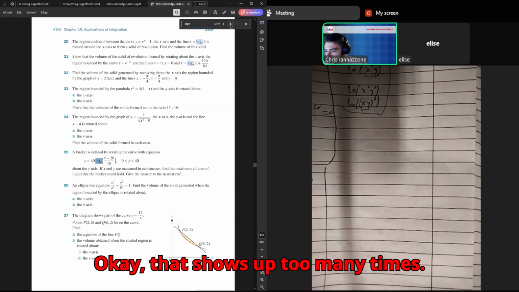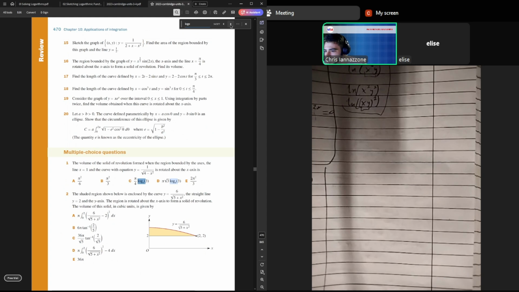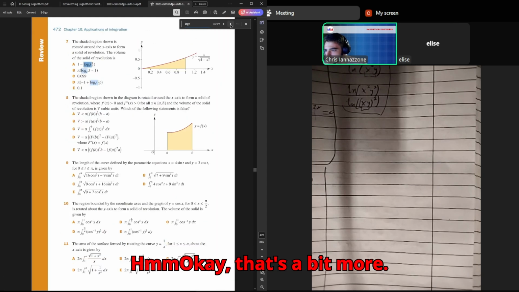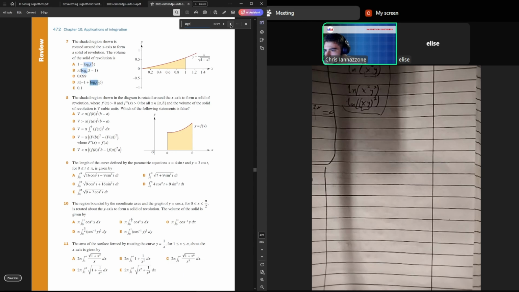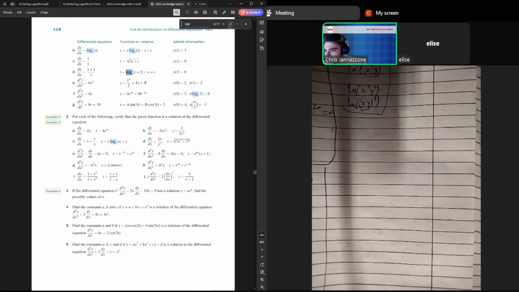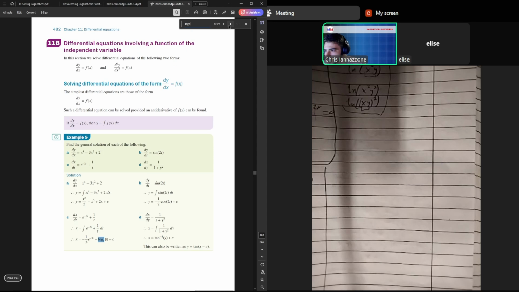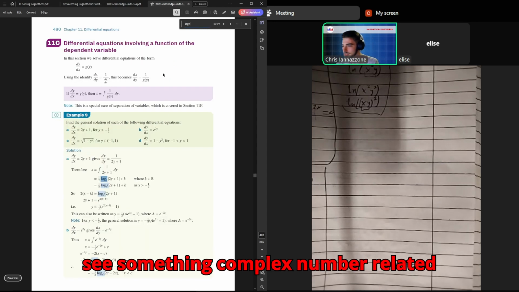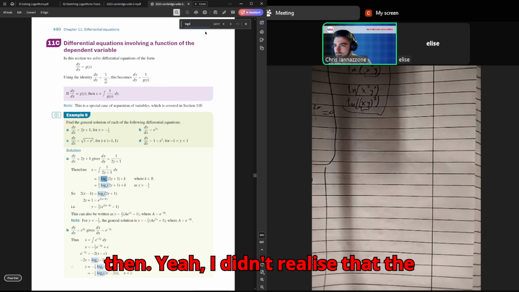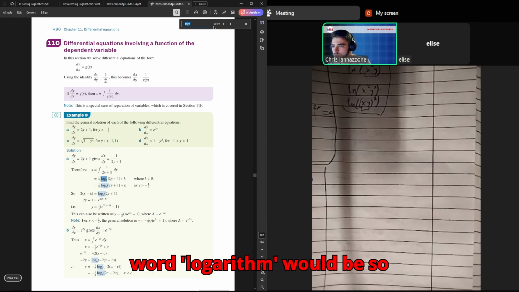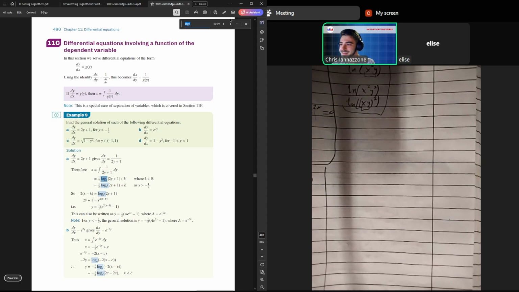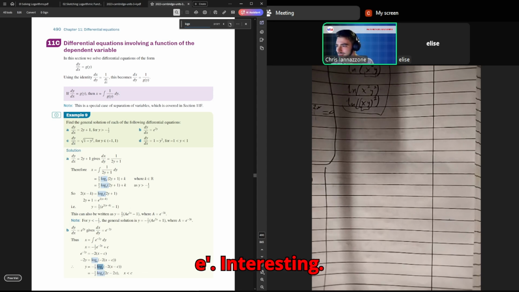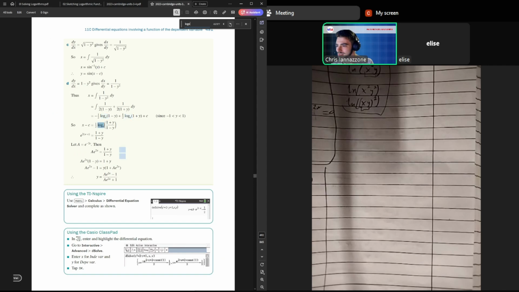Okay, that shows up too many times. Okay, that's a bit more. I wouldn't be surprised if you do see something complex number related then. I didn't realize that the word logarithm would be so much less used than just saying log e. Interesting.